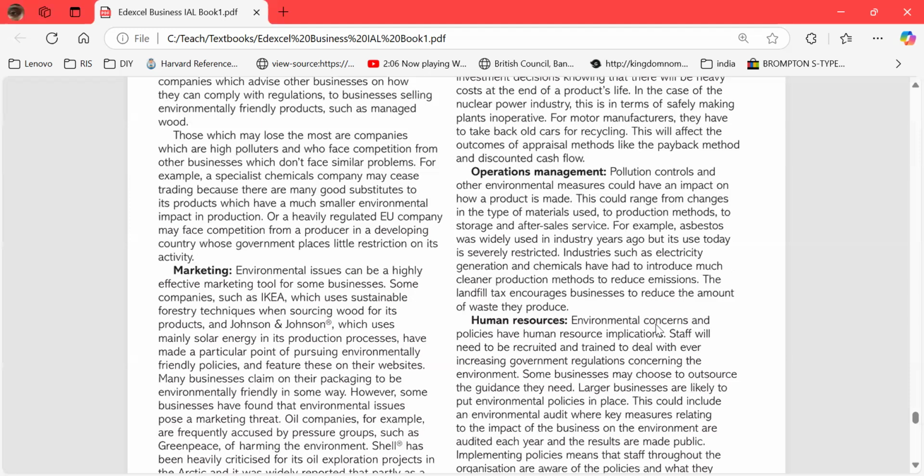If our business is found in any kind of activity which is harming the environment, we will be penalized. And also for ethical reasons, this is becoming a big issue. It is a very unethical practice to produce while destroying the environment. Okay, so operations management is changing.